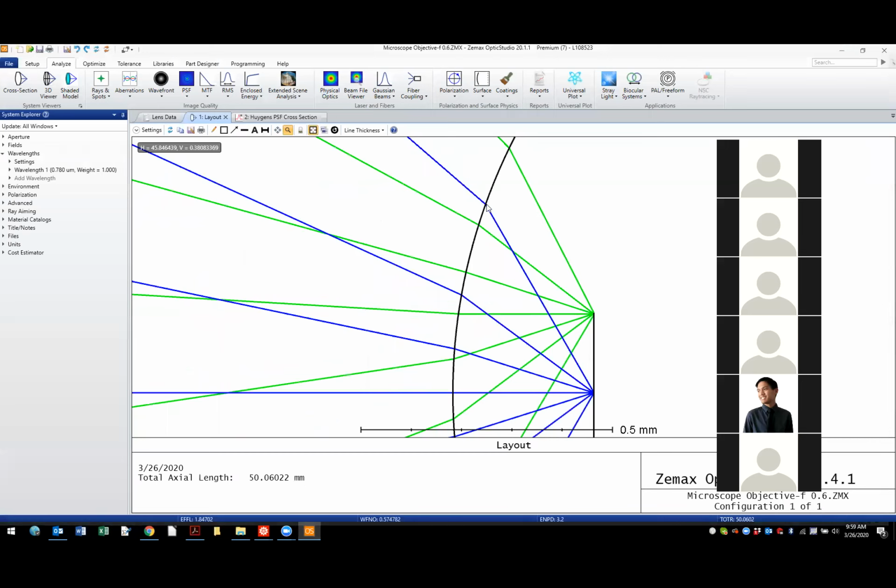And then the horizontal coordinate is about 45.86 here and 46.06 here.